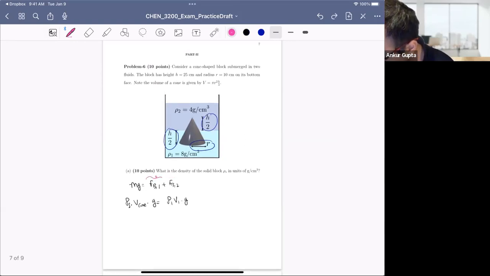The weight of the fluid displaced. Fluid 1, this is fluid 1, and this is fluid 2. Weight of fluid 2 displaced.